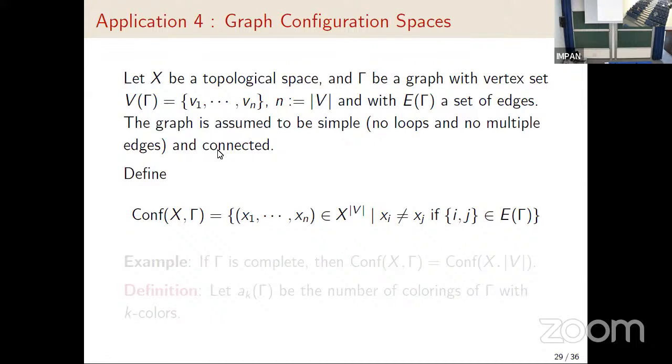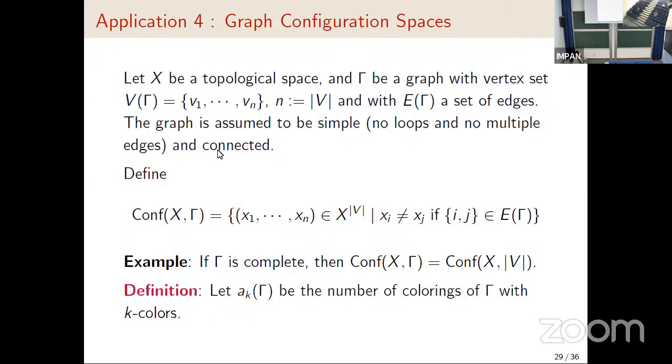If you have a graph, so you have a certain number of vertices and a certain number of edges, you take the tuples x1 up to xn, where n is the number of vertices, as many entries as vertices, and you say xi is not equal to xj if ij is an edge. So for example, if the graph is complete, you get the configuration space. Okay.